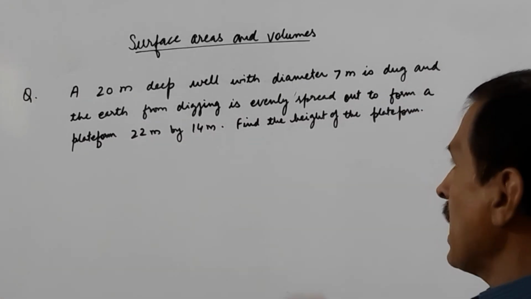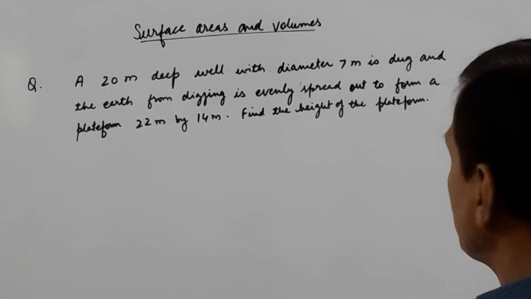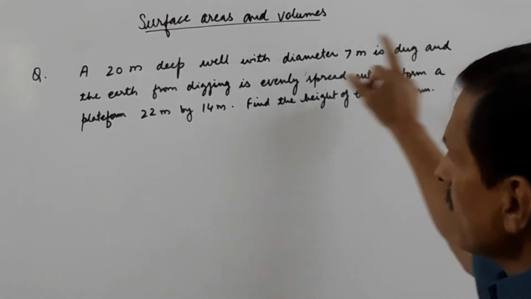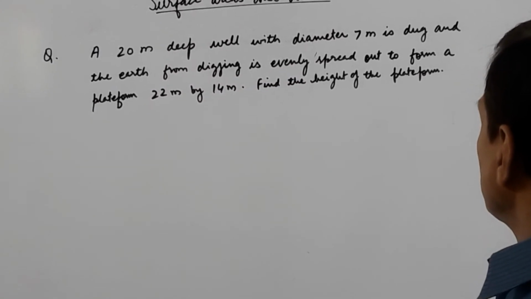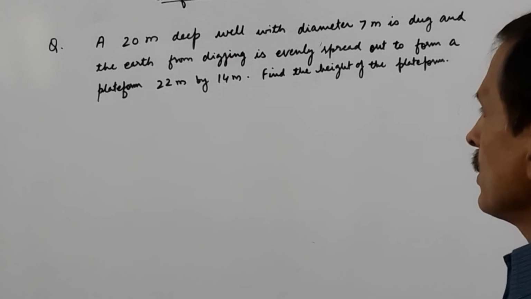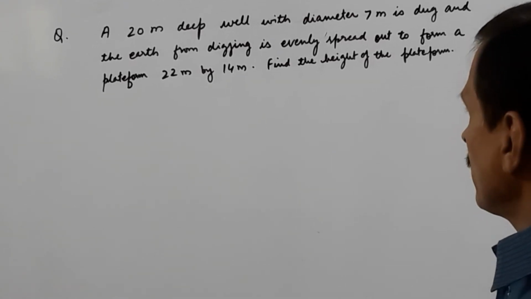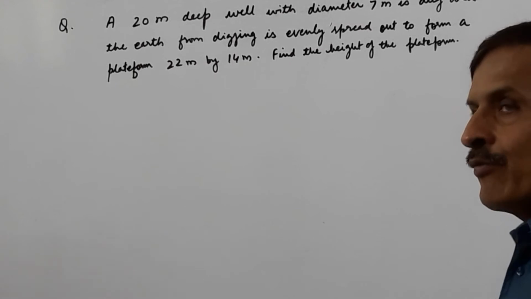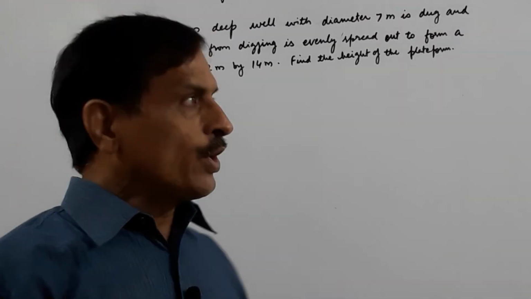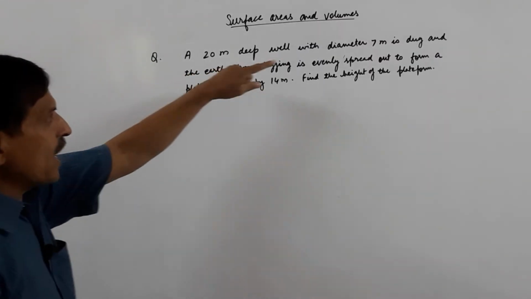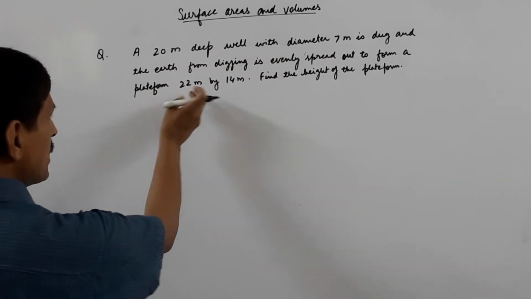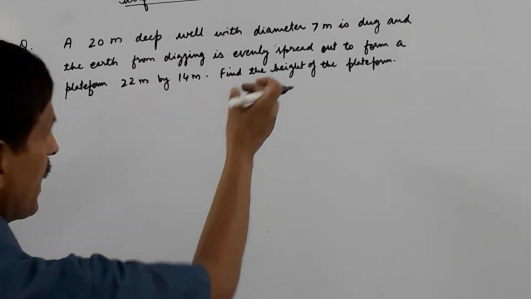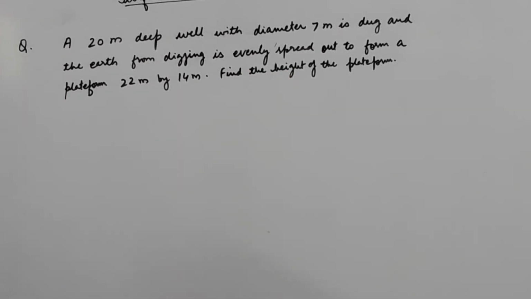In this question, a 20-meter deep well with diameter 7 meter is dug and the earth from digging is evenly spread out to form a platform 22 meter by 14 meter. Find the height of the platform. We know that the well is cylindrical in shape and the platform with length, breadth and height is a cuboid.